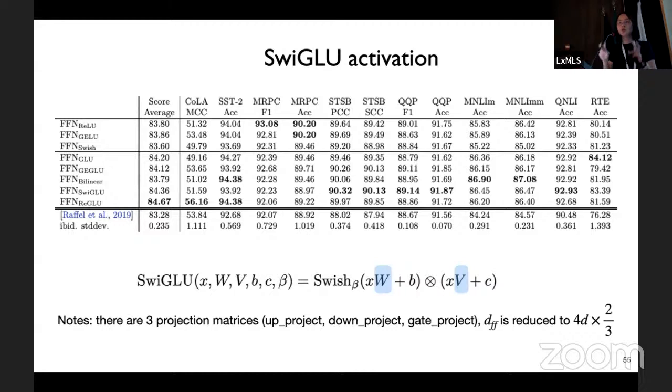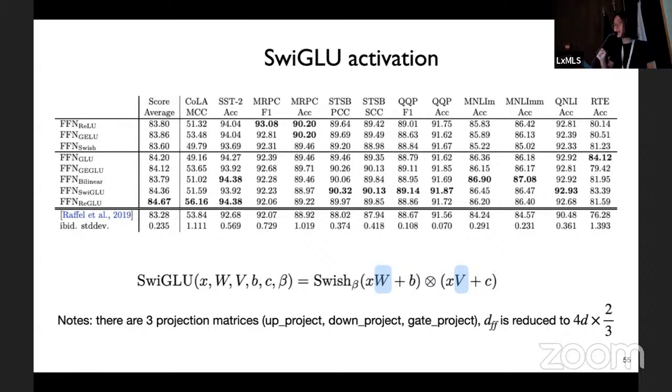So essentially, there are three projection matrices used here: the up projection, down projection, and gate projection. So the dimension of the feed-forward layers in the latest models has also changed. Usually they change it to 4D times 2/3, just because you have three projection matrices here.